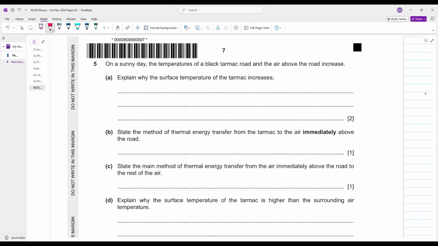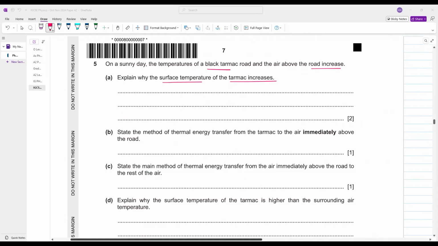On a sunny day, the temperature of a black tarmac road and the air above the road increases. Explain why the surface temperature of the tarmac increases.